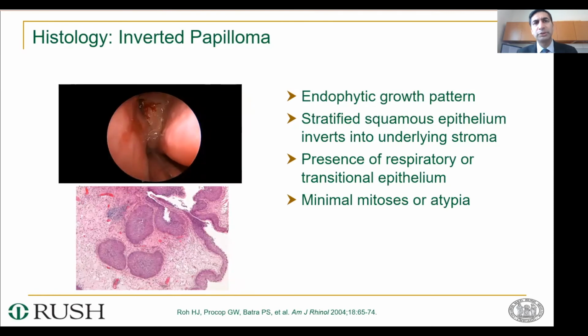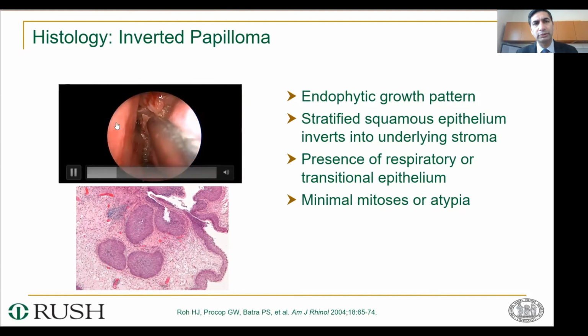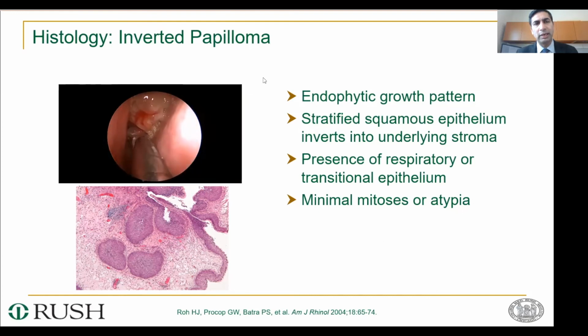Now contrast that to inverted papilloma. This is the left side. You see this large exophytic papillomatous mass filling the left nasal airway and obstructing the middle meatal structures. When you look at this histologically, this will have an endophytic growth pattern where this stratified squamous epithelium actually inverts down into the underlying stroma. You can see presence of respiratory or transitional epithelium, and for benign IP, typically you'll see minimal to no mitoses or atypia.